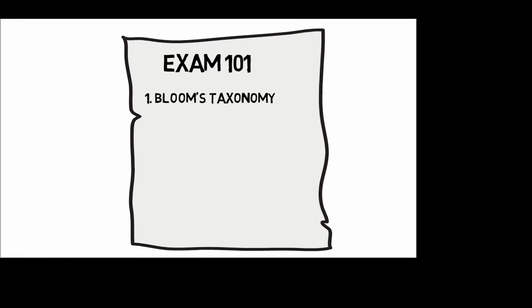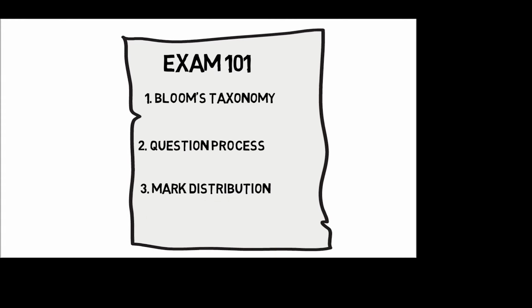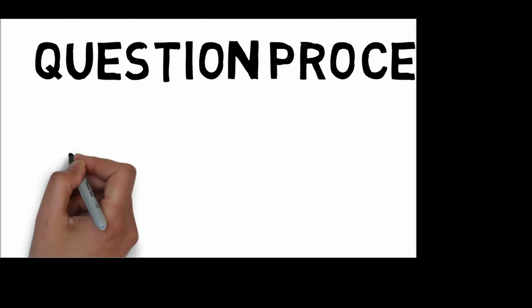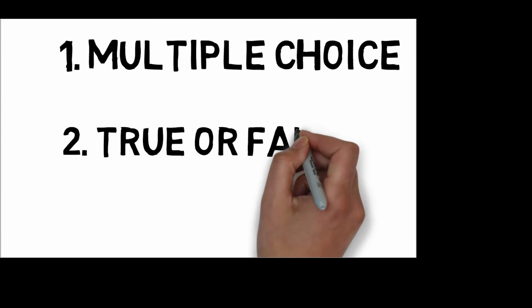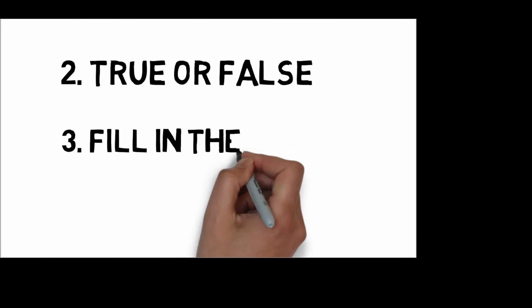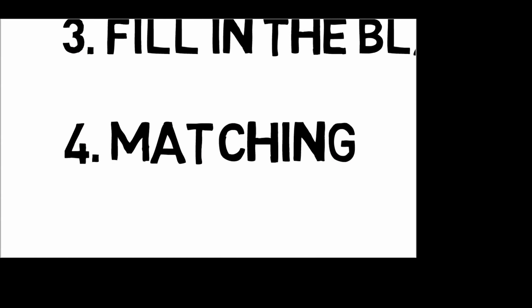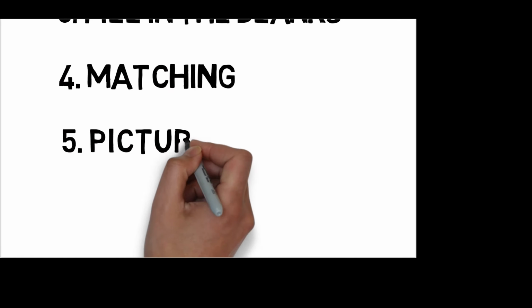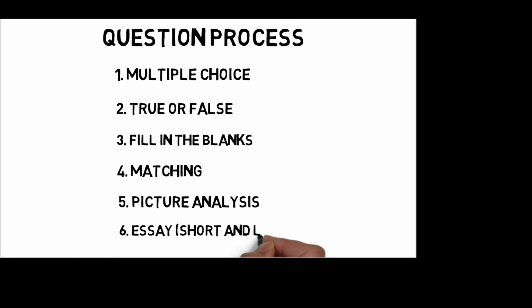Next, we will talk about the format of the exam itself and how these questions are asked. Tests are generally divided into 6 blocks: multiple choice, true or false, fill in the blanks, matching, picture analysis, essays, both short and long.